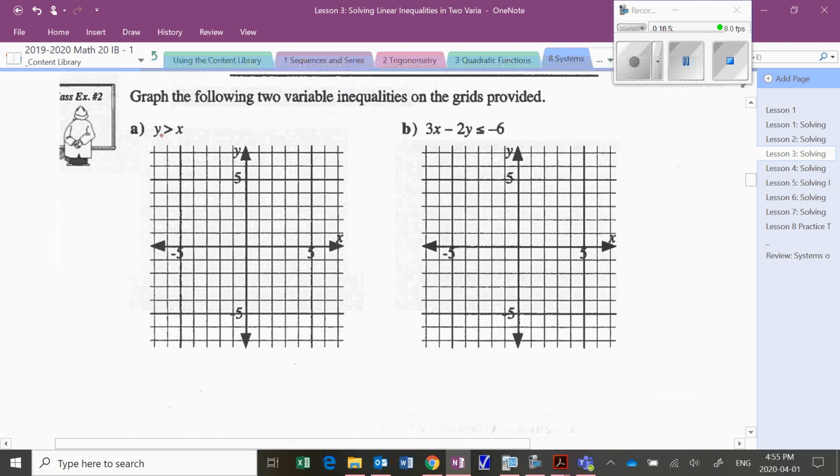So if I'm looking at graphing y greater than x, you're thinking to yourself, so I'll just write think, the graph itself would be y equals x. So of course in the form y equals mx plus b, the slope is 1 and our y-intercept is 0.